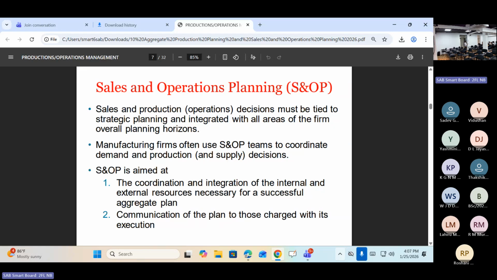The marketing team is planning to introduce a new promotional campaign. We need to expect higher demand, and accordingly, the production should be arranged. That marketing representation will be there. In addition to that, finance managers, especially to decide the cash flow requirements.